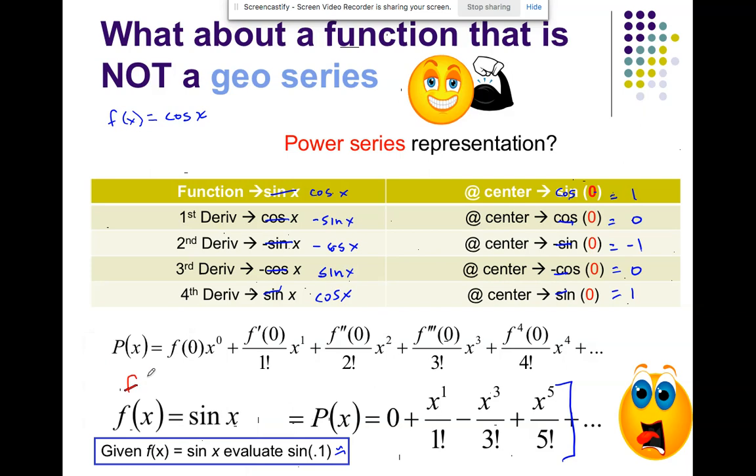Using Maclaurin, cosine x is exactly equal to the infinite polynomial of 1 plus 0x to the first over 1 factorial minus 1x squared over 2 factorial plus 0x cubed. What's happening? Can you see what's happening?